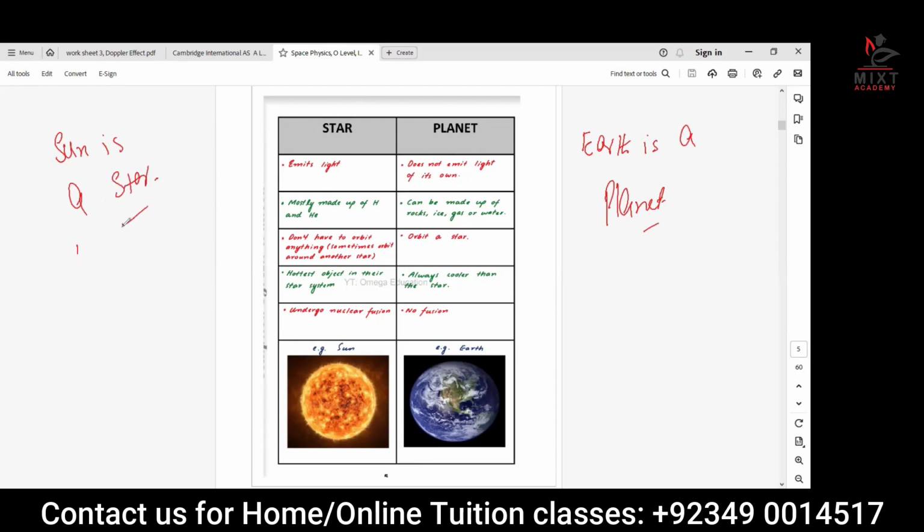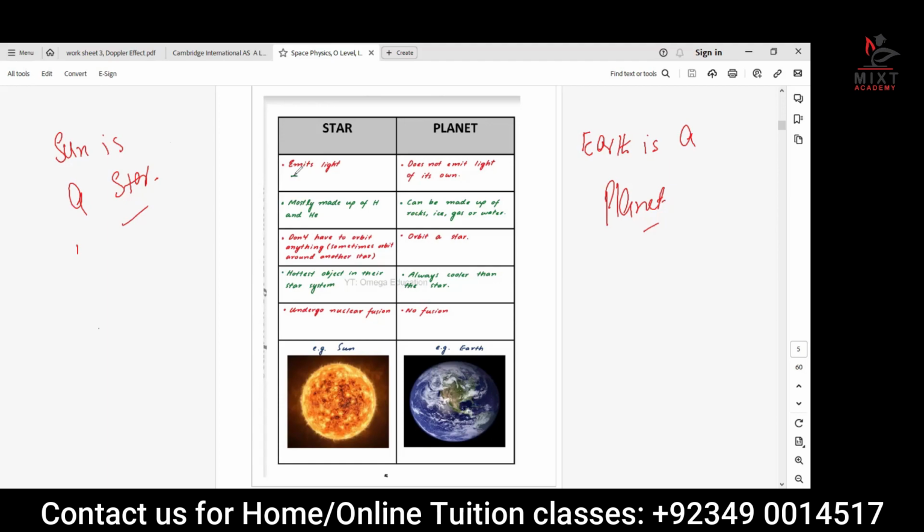So what is the difference between a planet and a star? Number one, please keep in mind, star is a luminous object. A luminous object is the one which emits its own light, right?